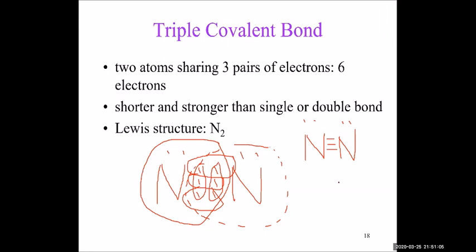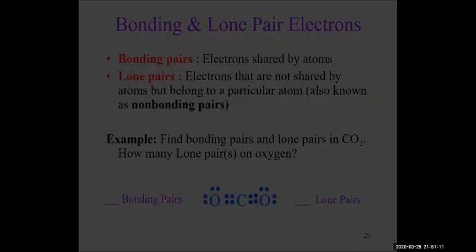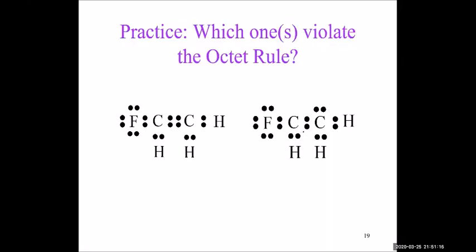And this is how we form a triple bond. Okay, here's a little practice. Can we recognize which atoms are octet? And keep in mind, hydrogen is a very important exception. Hydrogen only needs up to 2 electrons.